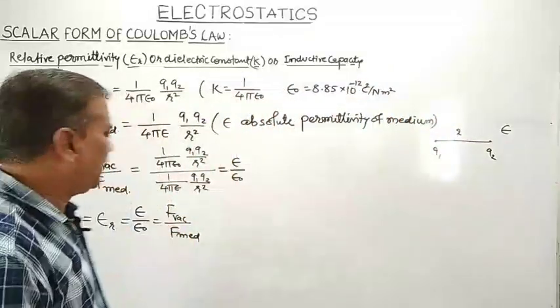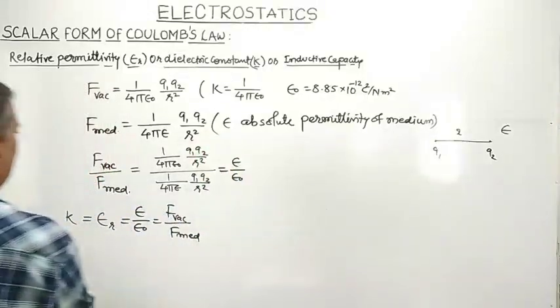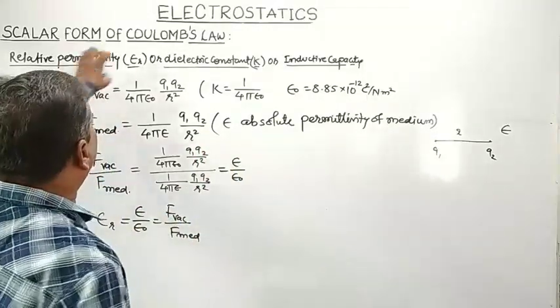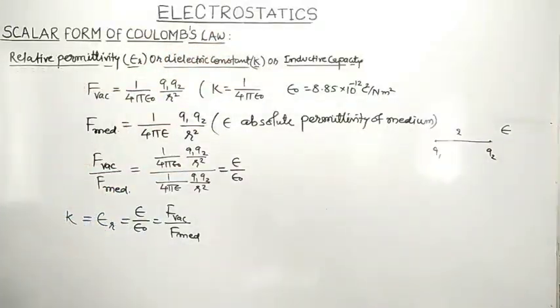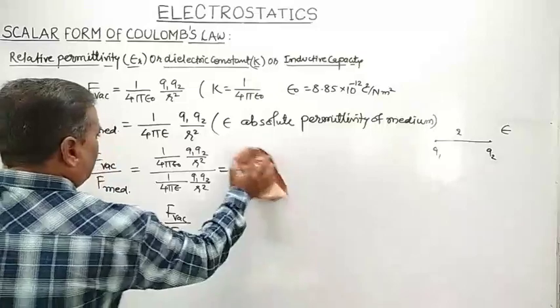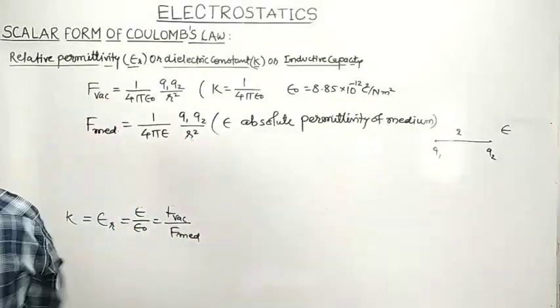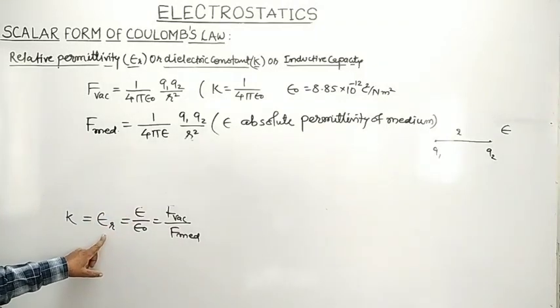Now you can express the force of attraction or repulsion between the two charges in a medium in terms of relative permittivity or dielectric constant. So let us see, by using this expression, epsilon upon epsilon 0 is epsilon r.